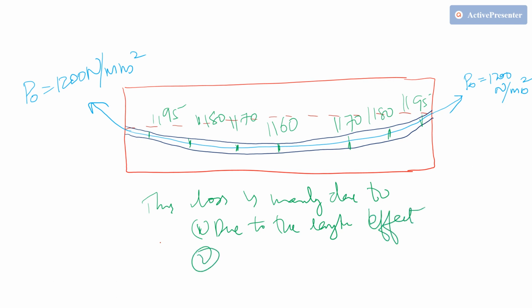The second one is that as the curvature increases, there will be two forces, that is a normal force and a horizontal force. So the curvature also plays a major part in this, that is the curvature effect. These two affect the frictional loss in your member.